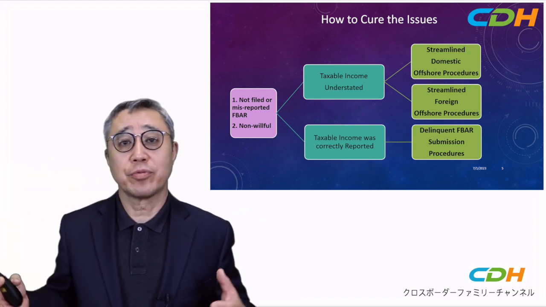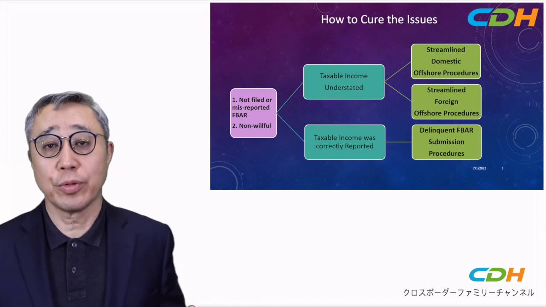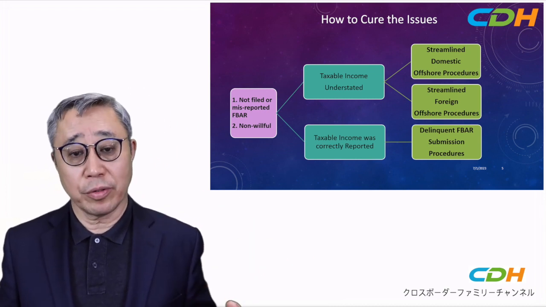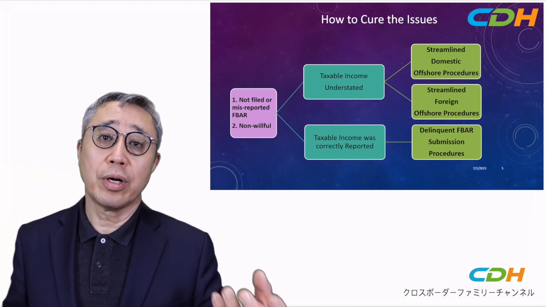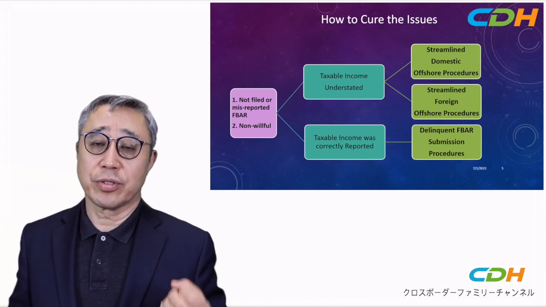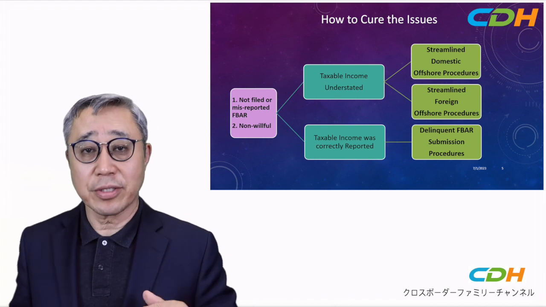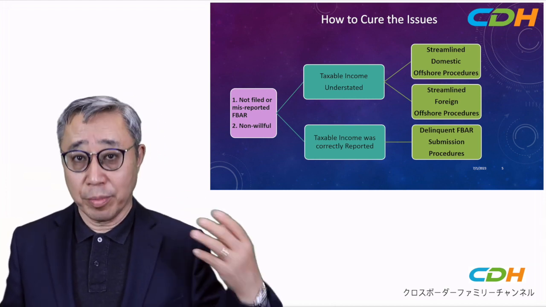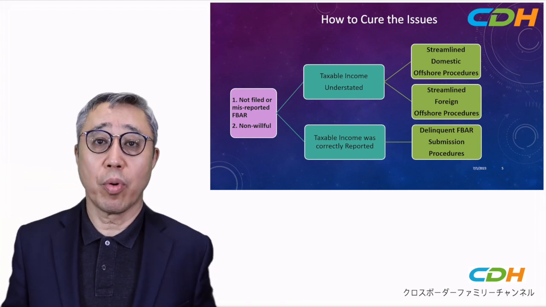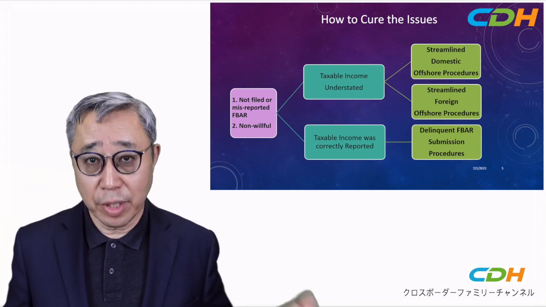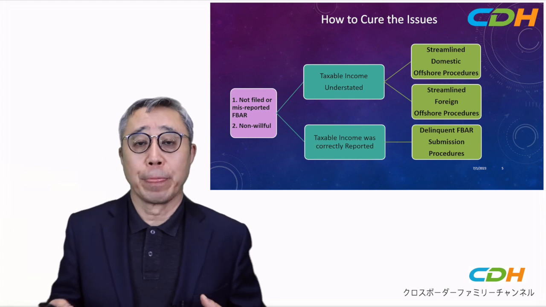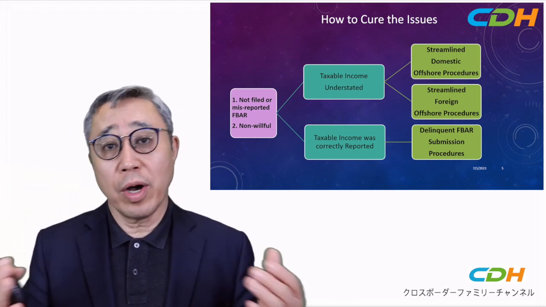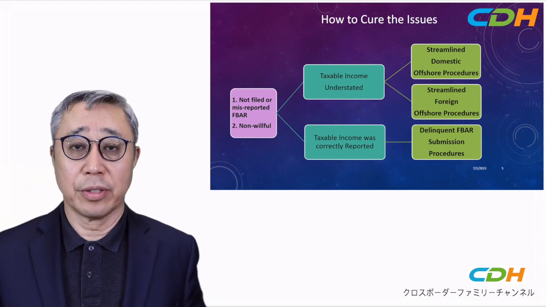Obviously, if you did not include, let's say, interest from your foreign bank account, your 1040's interest income was probably understated, or dividend income from your investment account. If you did not report the dividend income, then your 1040's dividend income was underreported.